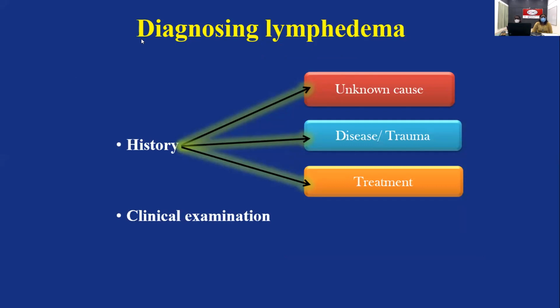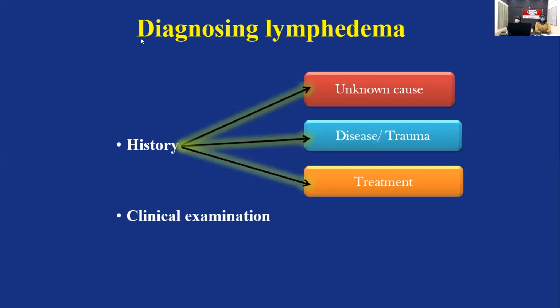Is there any disease or trauma related? Maybe a previous disease, recurrent infection, road traffic accident, or major accident. You have to find out that. And treatment like surgery, chemotherapy or radiotherapy. All these things you have to find out.